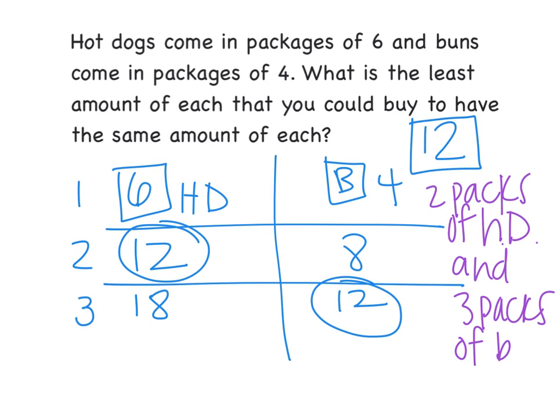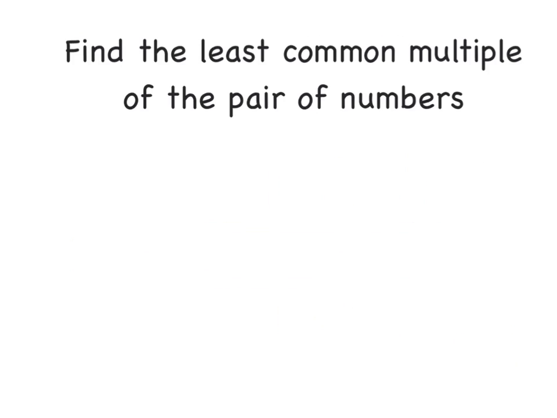So the number of packages doesn't have to be the same, right? But the number of individual hot dogs and buns has to be the same. So sometimes when you go to the store and you're having a barbecue or something like that, you have to buy more packages of buns and hot dogs or whatever it might be to have the same amount of each of them.